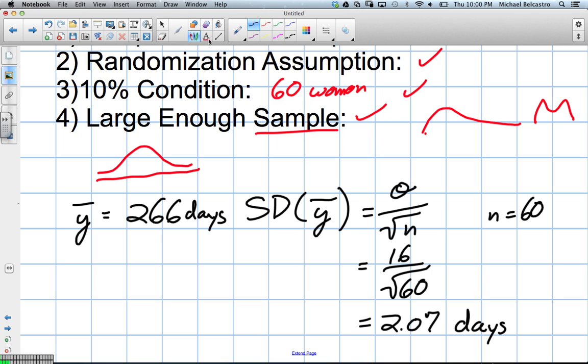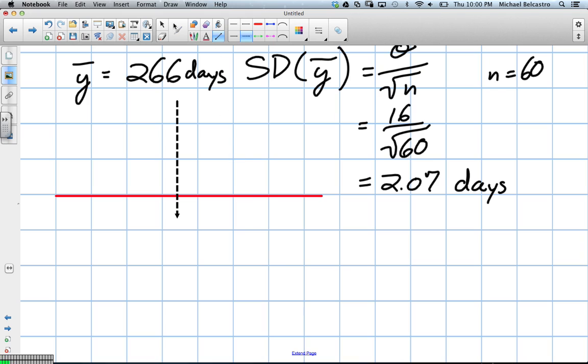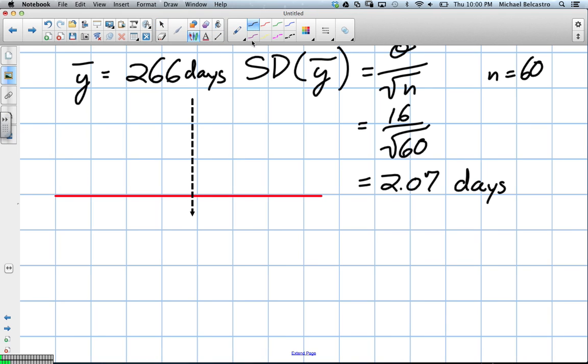So let's quickly make our own model here to make sense of this. We know that the middle of this model is going to be how many days? Actually, we're talking about how long a pregnancy is. The middle of this is going to be the mean of all of the means, so the 266.